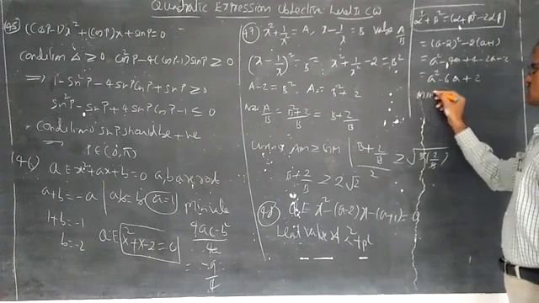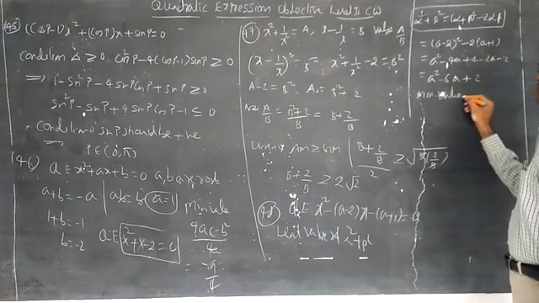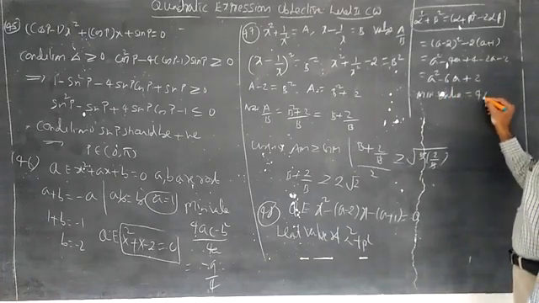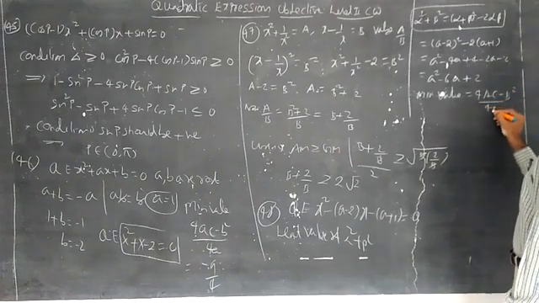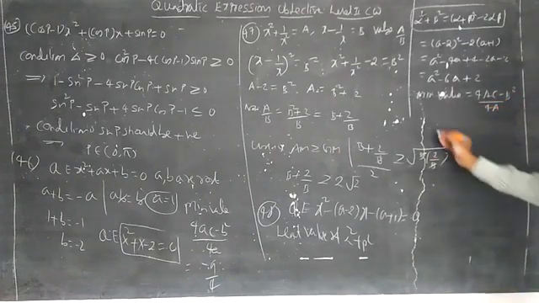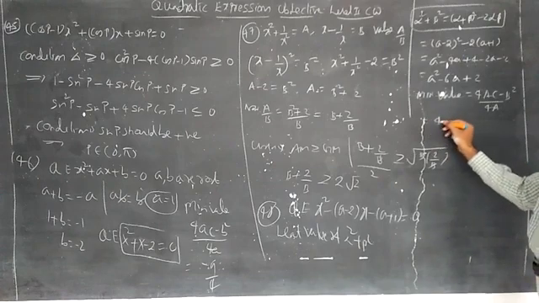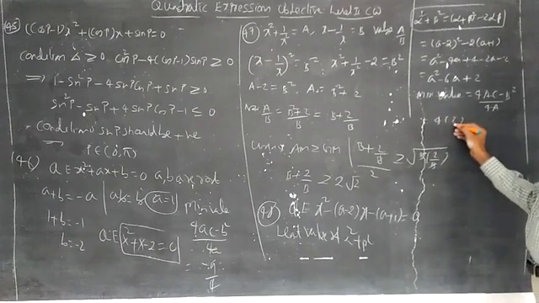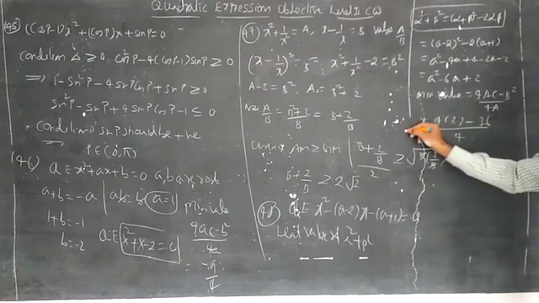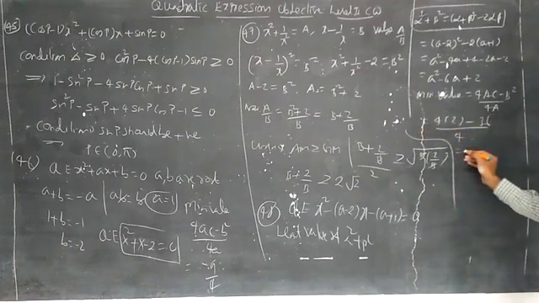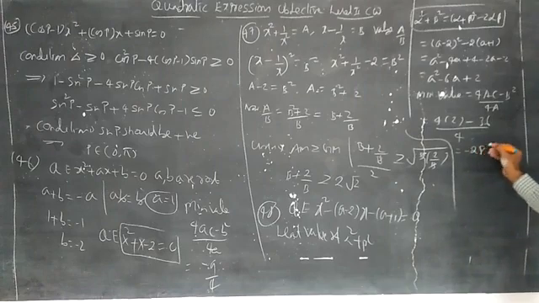For this one, min or max value, apply it like this. Min value only whenever a is greater than 0. I am writing the formula 4ac minus b square by 4a. We can use it: 4 into a means 1, c means 2, 4 into 2 minus b square means 36, whole by 4. 8 minus 36 is minus 28 by 4.